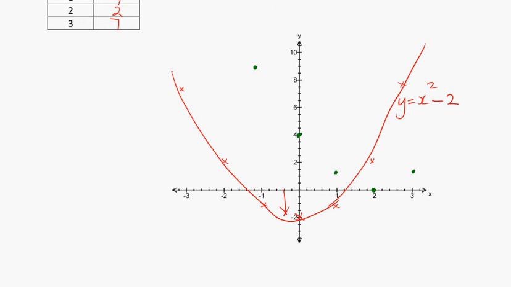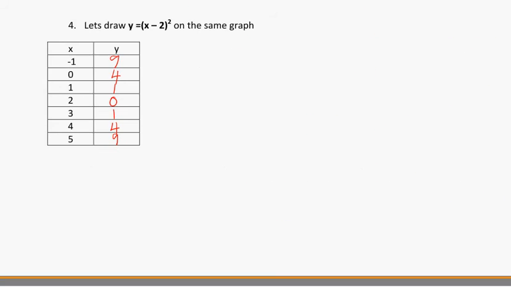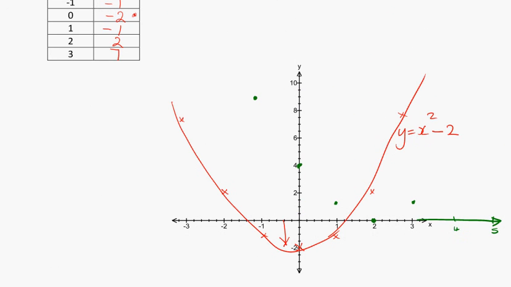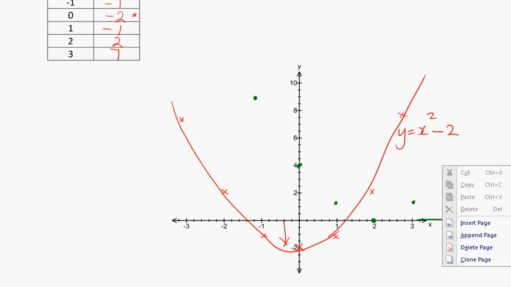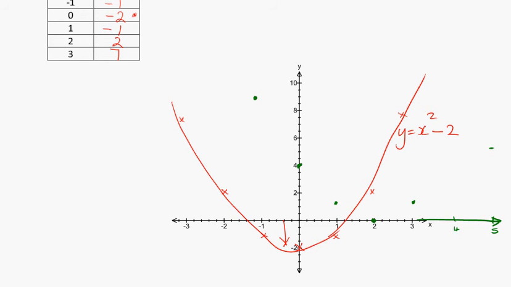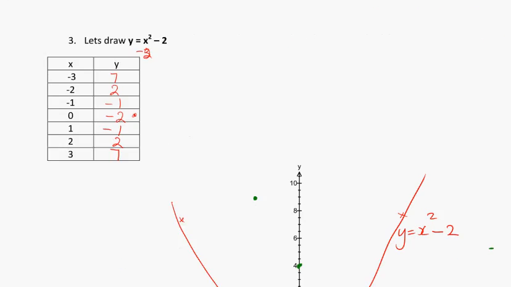Now I'm just going to extend the axis along because I haven't got quite enough values in here. I'll go for 5. When x is 4, y is 4. And so we're coming up here. And when x is 5, y is 9.